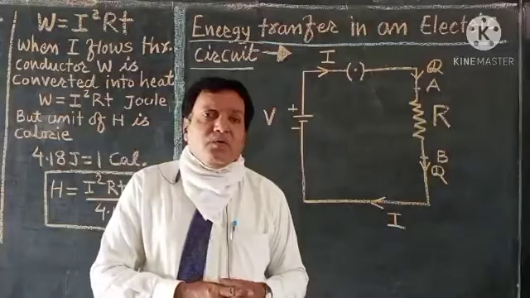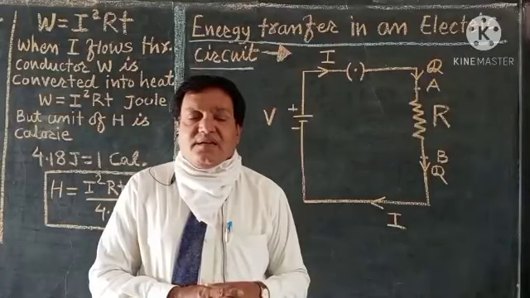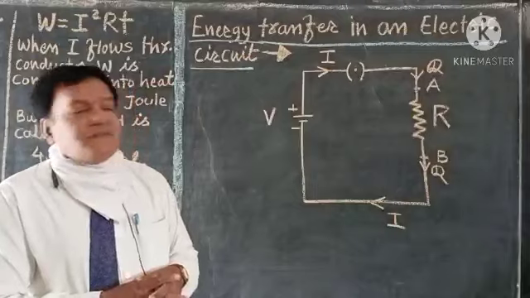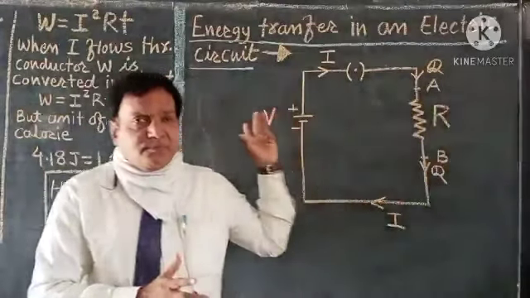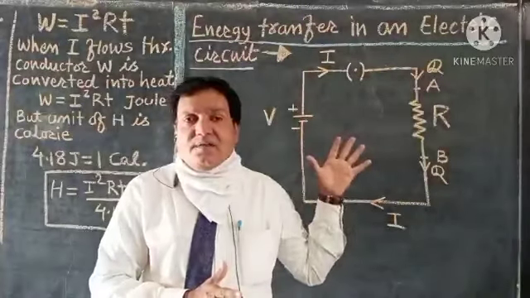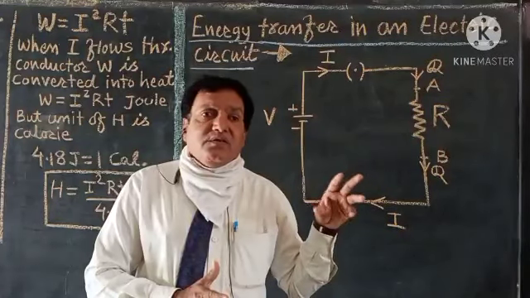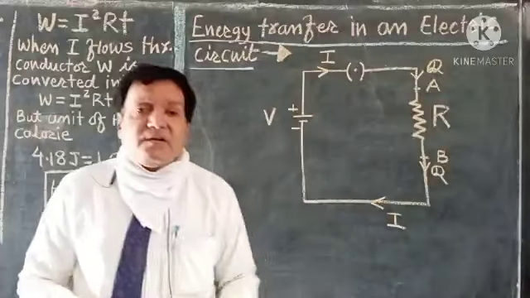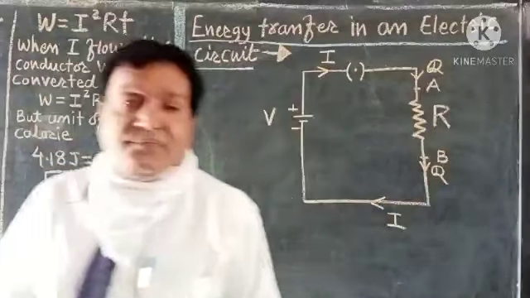But here we have to derive this expression, and this is nothing but Joule's law of heating. We are studying energy transfer in an electric circuit. That topic is nothing but Joule's law of heating, and we have to derive the expression for that. So here the expression is there.